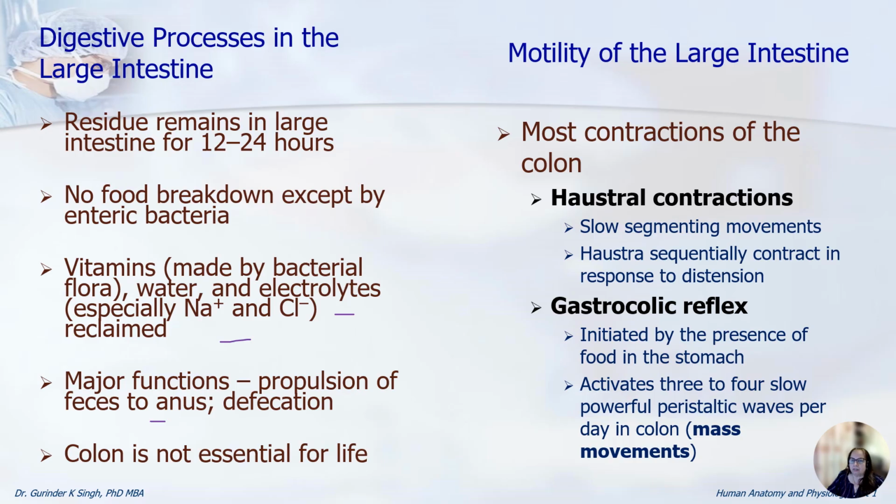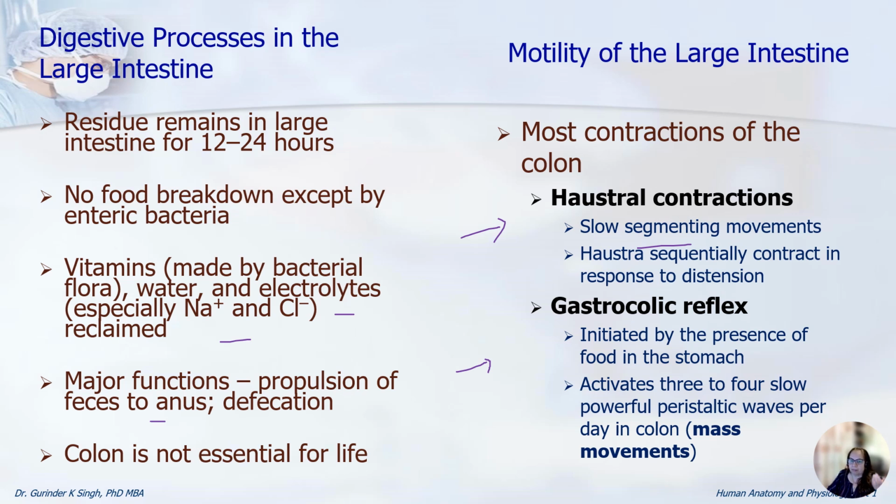Okay. So the motility in the large intestine is the haustral contractions, or we also have the gastrocolic reflex. So haustral contraction is the slow segmenting movements, and some haustra can sequentially contract in response to when the food bulk comes into it.